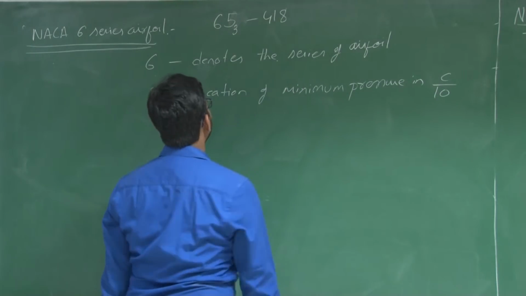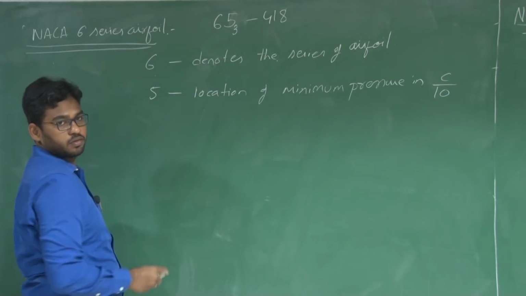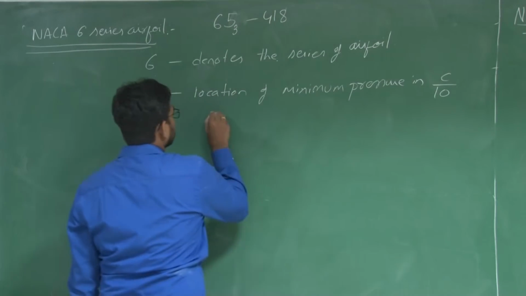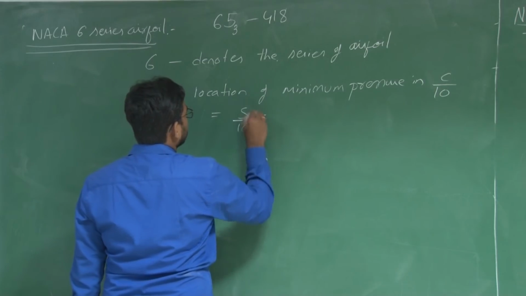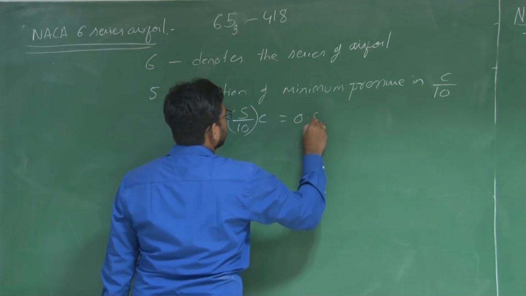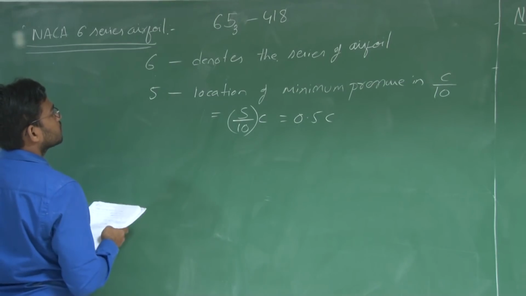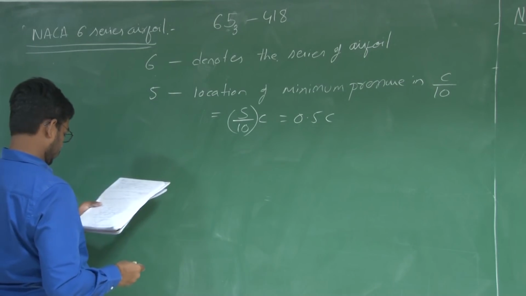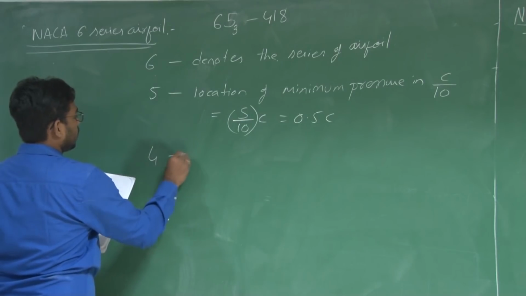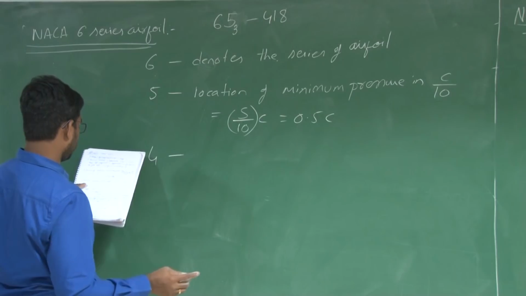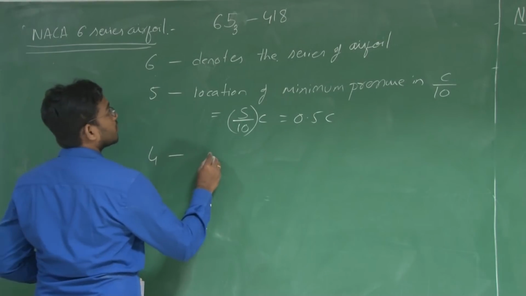So the minimum pressure when the flow is completely attached will be at 0.5 C, 5 by 10 into C. Four talks about design CL, design lift coefficient, sorry, in tens, right?